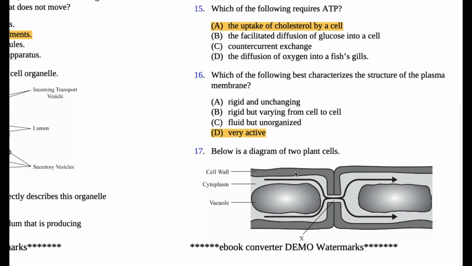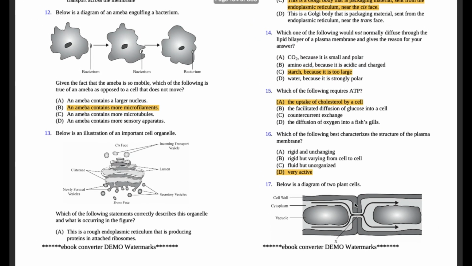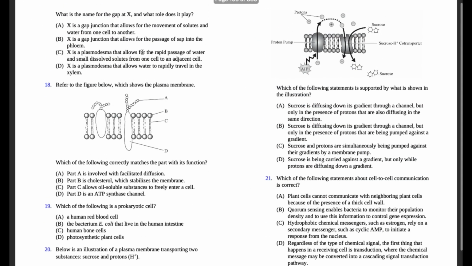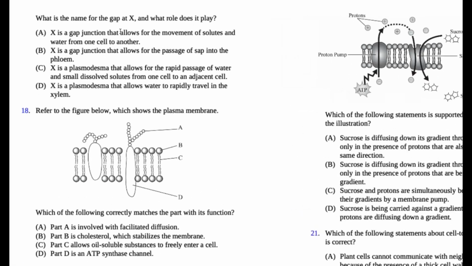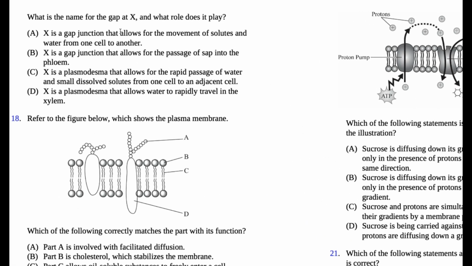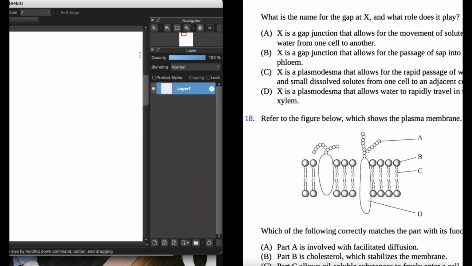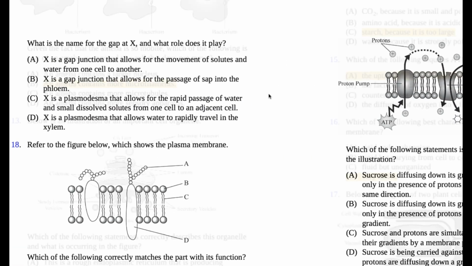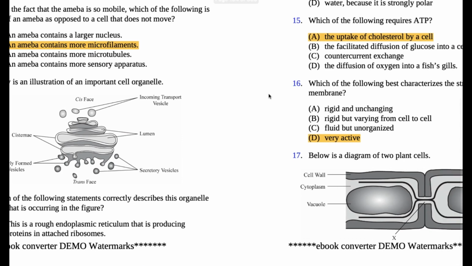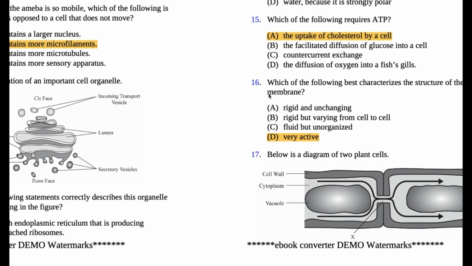Below is a diagram of plant cells. Cell wall, cytoplasm, vacuoles, you see that it's a direct contact, right? So the gap at X, what role does it play? Actually, for these kinds of gaps in animal cells, we're going to call it a gap junction.